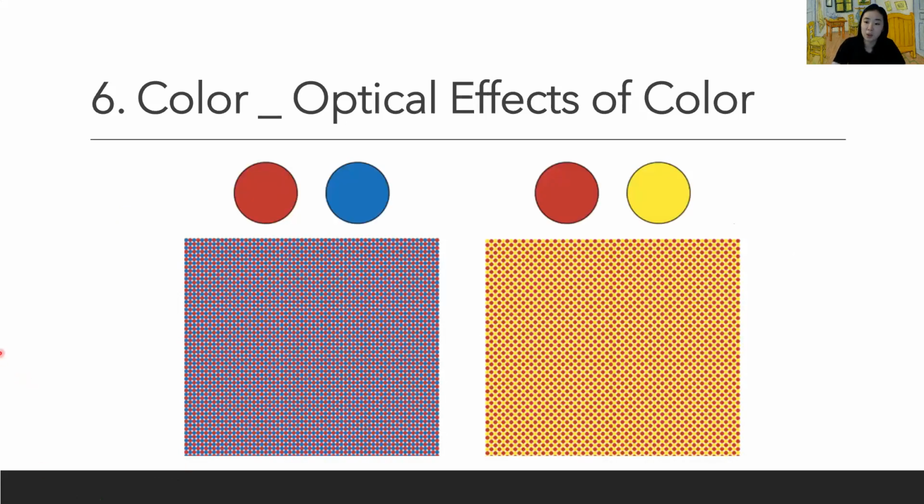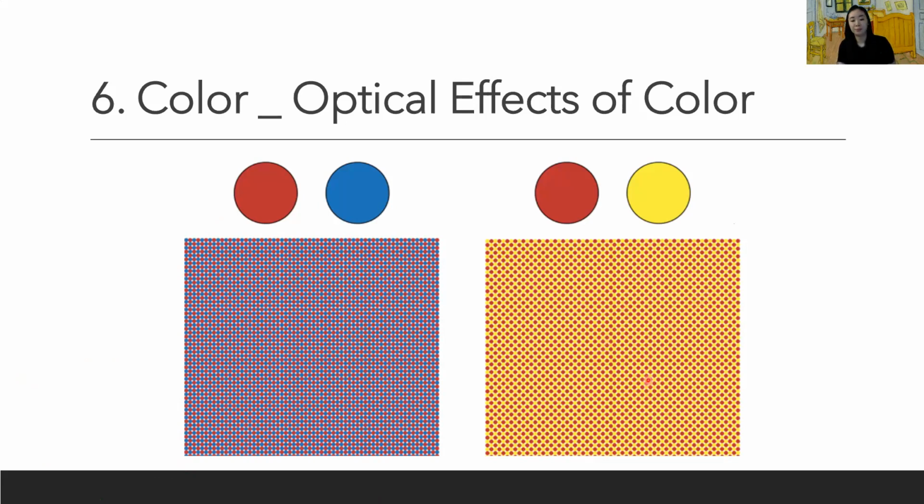So let's see an example of the optical color mixture. The left box consists of tiny red and blue dots. And the right box has red and yellow dots, right?